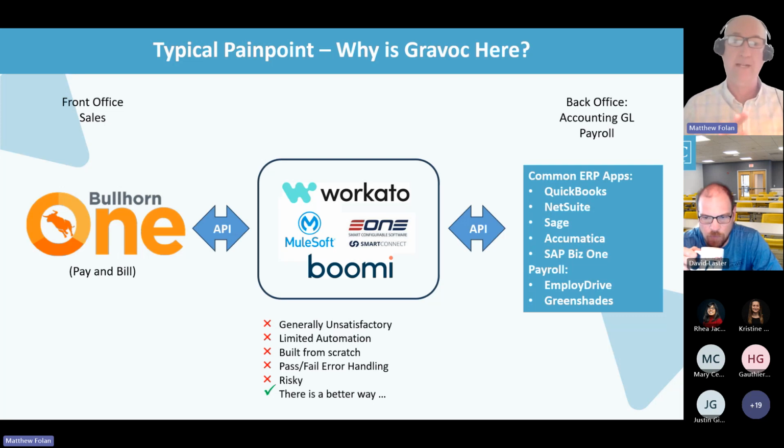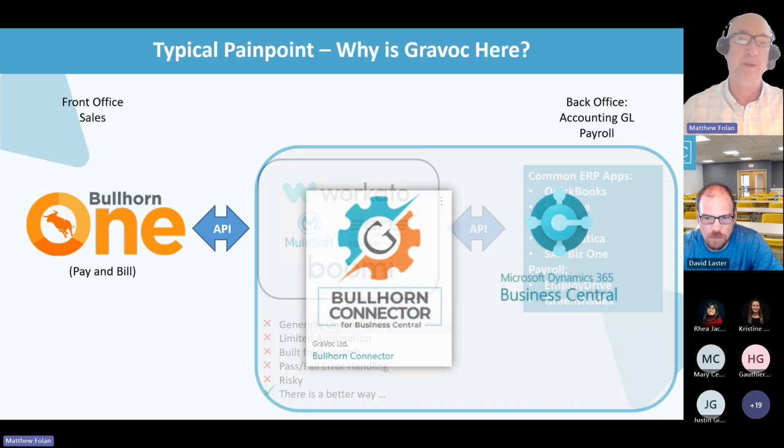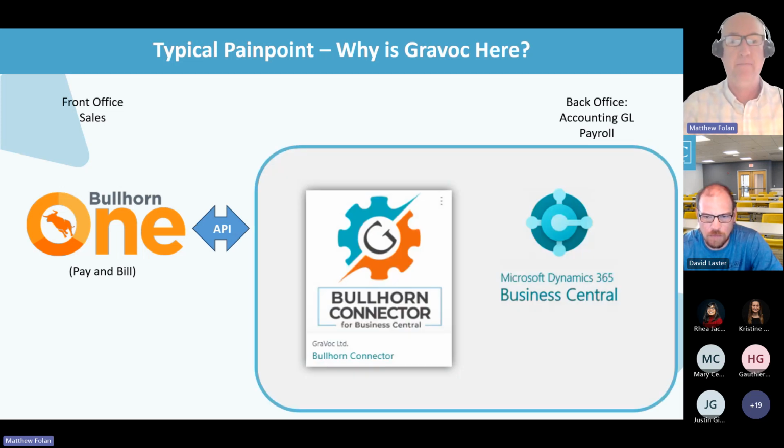Oftentimes it's built from scratch, depending upon who your partner is. And then the error handling tends to be very black and white. Either it all passes or it all fails. And as we know from experience, that's actually not true. You could have 100 transactions and 97 will pass, but three will fail. And you'll see in today's demo with David how our capability really improves that. So we are hearing from the market that this process is just cumbersome, and we have a much better way to drive it.